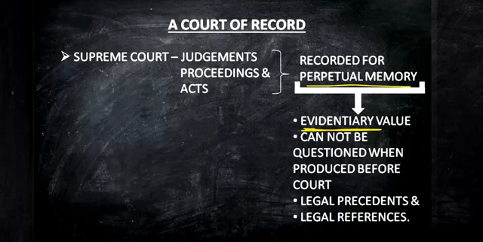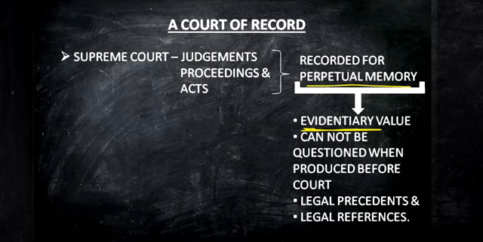So if the same judgment is given for a similar case, then that judgment cannot be questioned before any court. If such a recorded case is produced in dealing with a case in any other court, then the court cannot say that this judgment cannot be taken as a witness or as evidence.